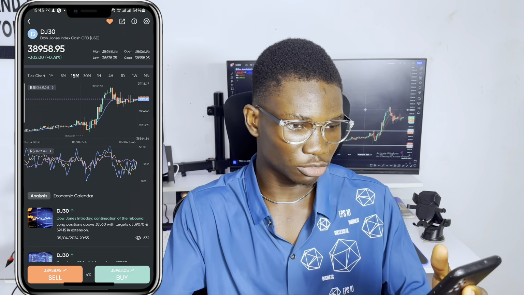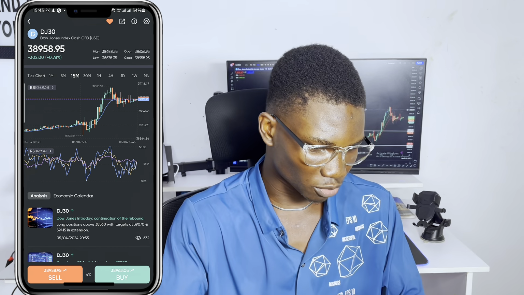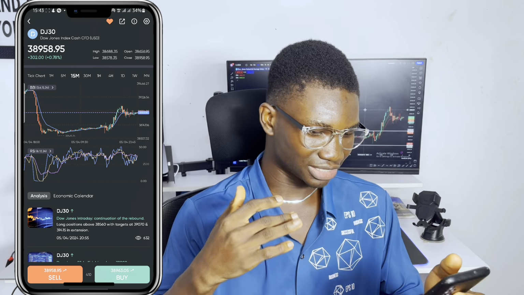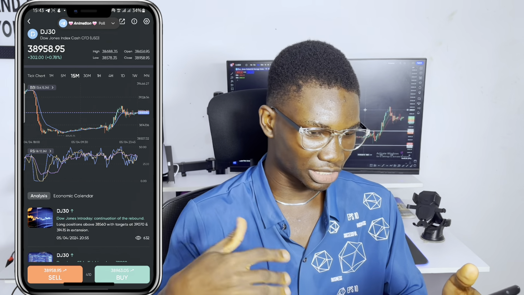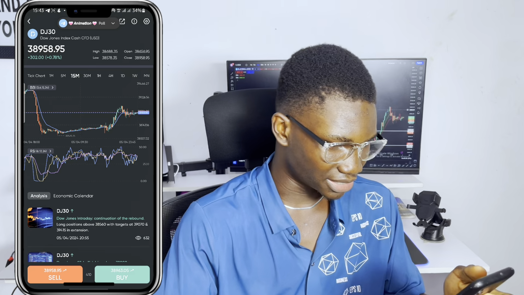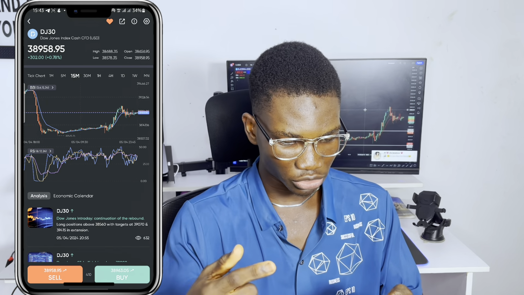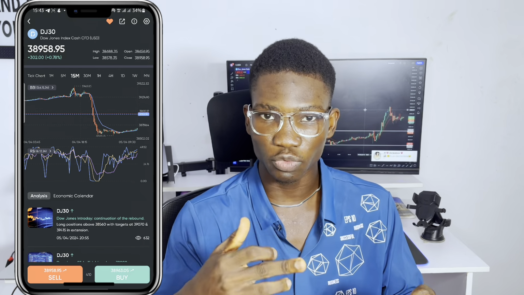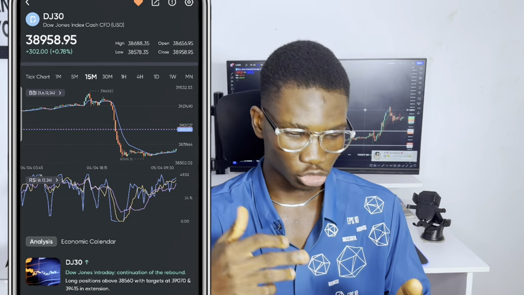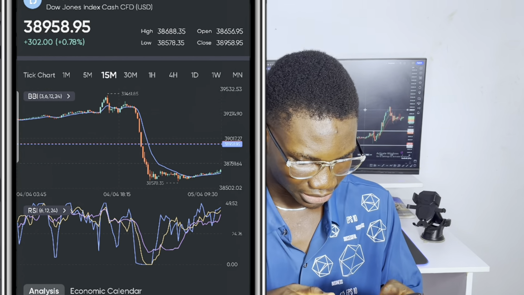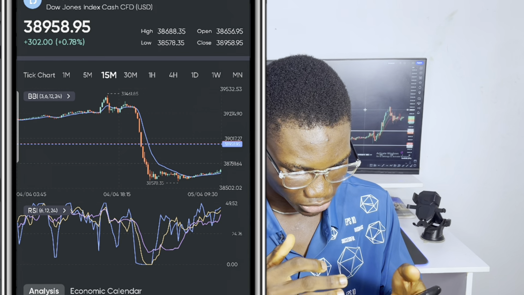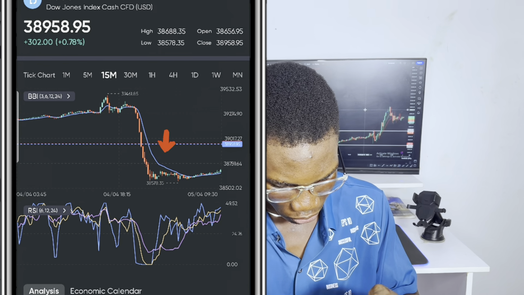So now if you head down to our trading platform, you can easily see that we can pinpoint our buying and major selling powers on specific indices. Now let's take for instance US30. Now let's check the highest point. Right here you can see the highest point and the lowest point that price has actually gotten to on US30. And if you look closely, you see that there was a lot of selling power right here.